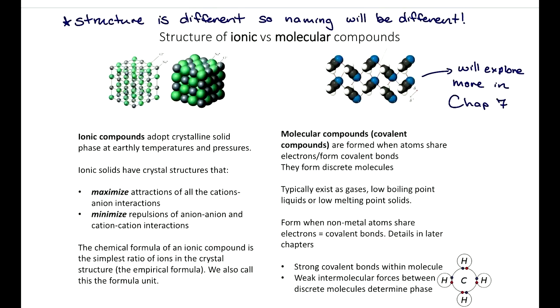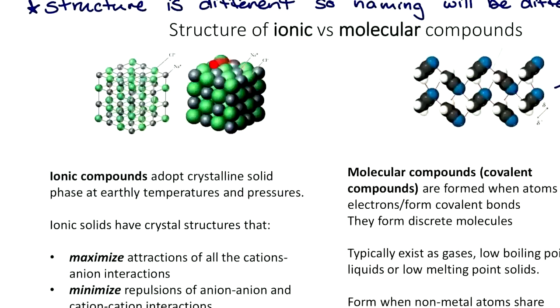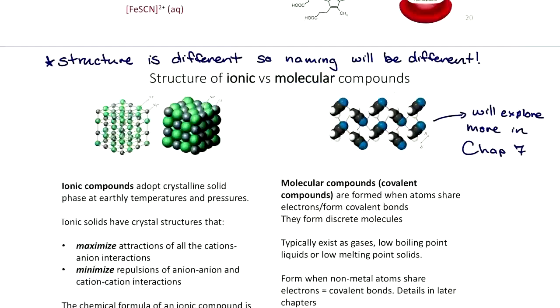Right? Inorganic or ionic compounds, you have ions present. So they pack together in this extended lattice where you minimize repulsions between like anions close together or cations close together, but you maximize attractions between cations and anions. So this is the structure of an ionic compound.